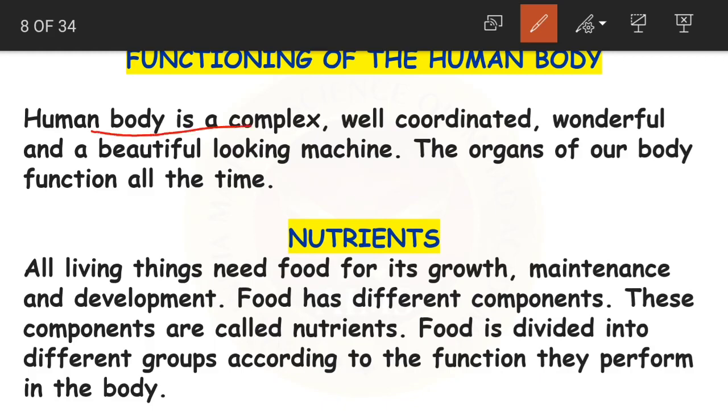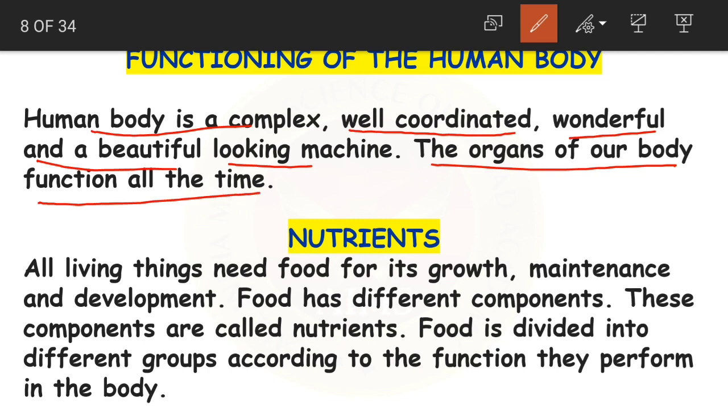So the human body is a complex, well coordinated, wonderful and beautiful looking machine. The organs of our body function all the time. If the organs do not function all the time, then our body will not be able to survive.